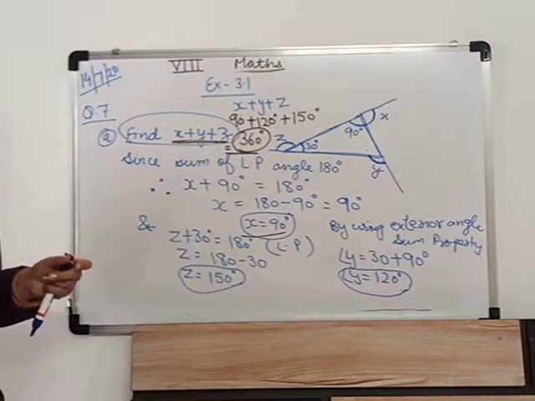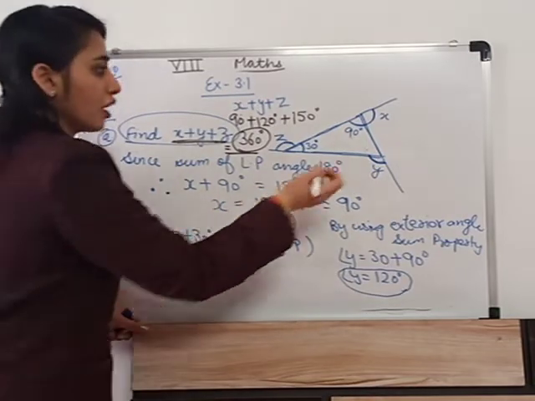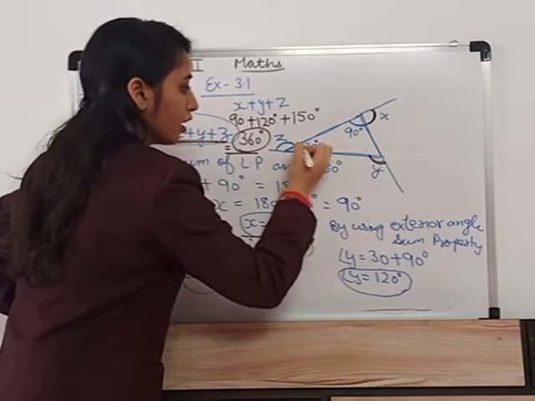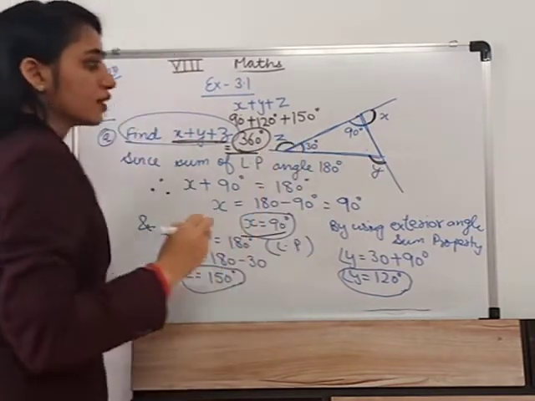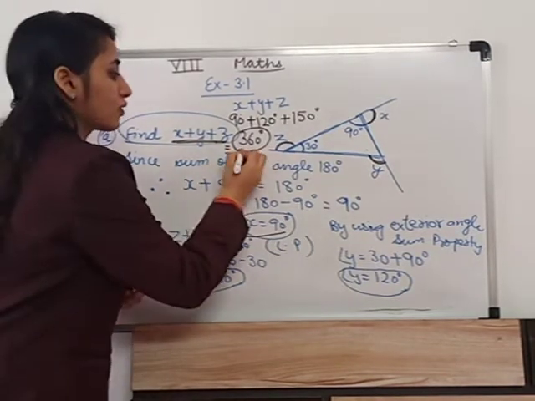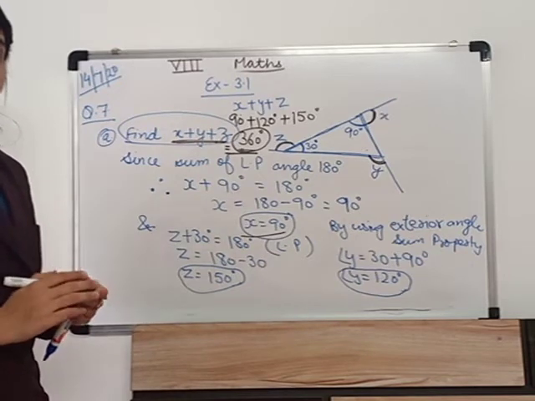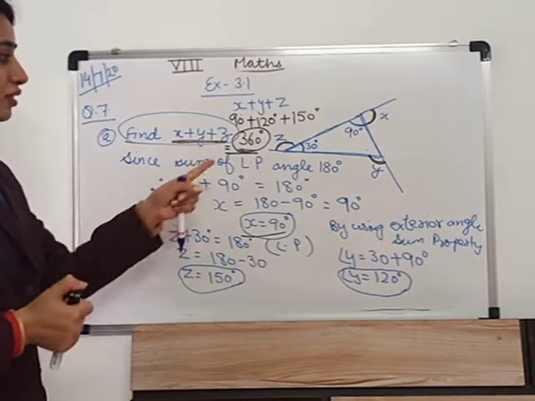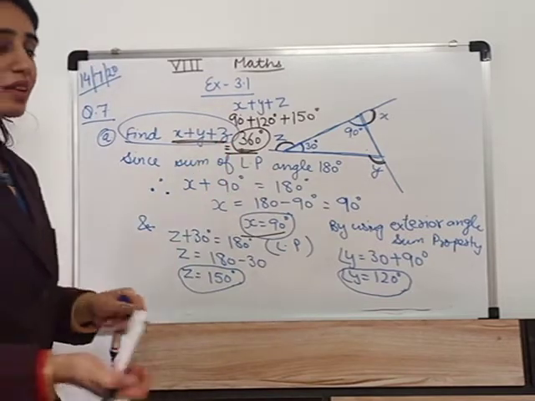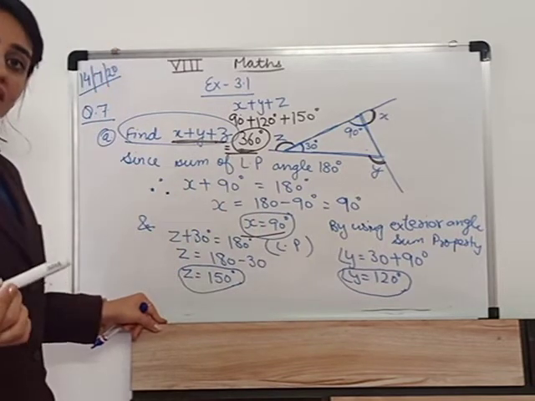What we observe from this question is that the angles which lie outside this triangle, the exterior angles, the sum of all the exterior angles of this triangle is equal to 360. Understood? We use this value in the next question: the sum of exterior angles of any polygon is 360.